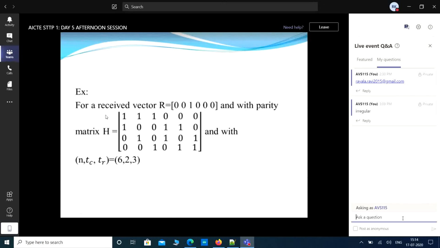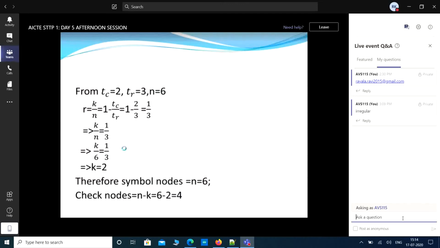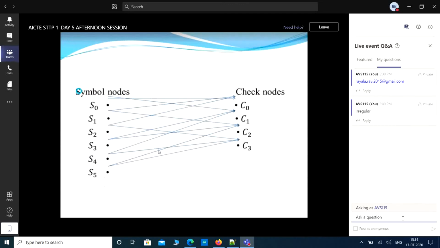S naught is connected to C naught. S naught is connected to C1. S naught is not connected to C2, and S naught is not connected to C3 only. Actually the diagram is a little bit shifted.